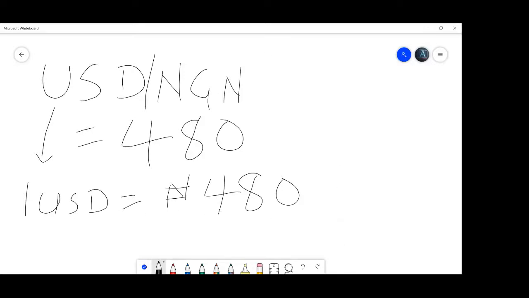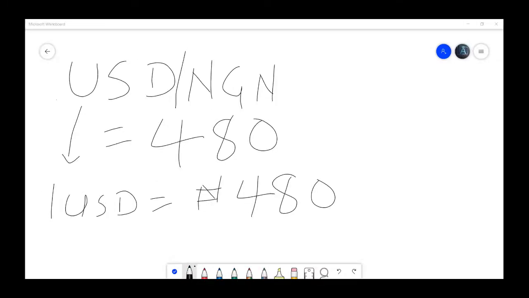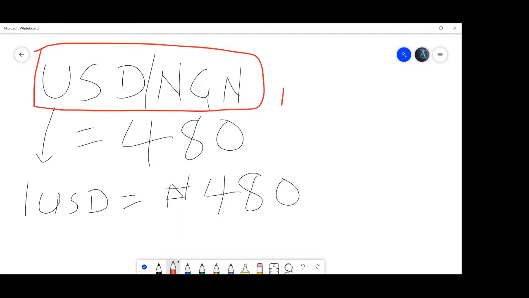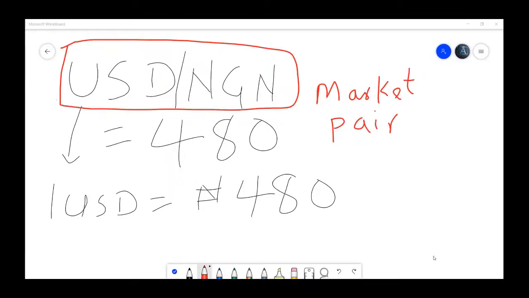So now, this thing is called a market pair. That's what we call a market pair. Do we get it? It's called a market pair.